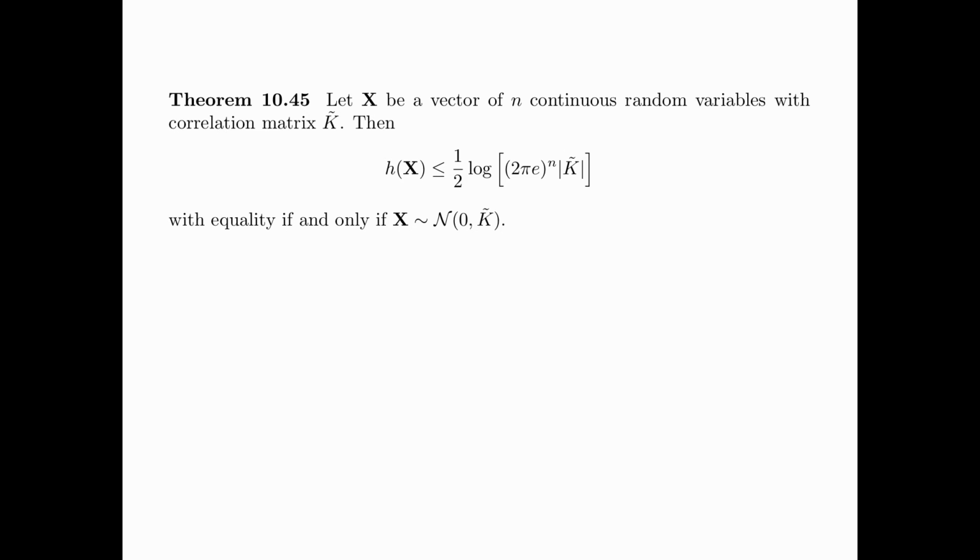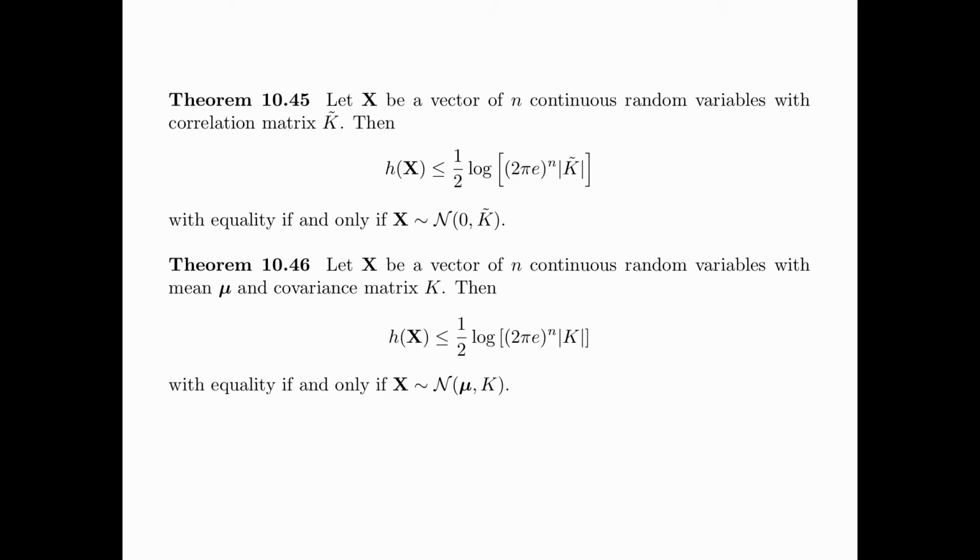The next two theorems are the vector generalizations of theorem 10.43 and 10.44 respectively. Let X be a vector of n continuous random variables with correlation matrix K tilde. Then the differential entropy of X is upper bounded by 1/2 log of (2 pi e)^n times the determinant of the correlation matrix K tilde, with equality if and only if X is a Gaussian vector with mean 0 and covariance matrix K tilde.